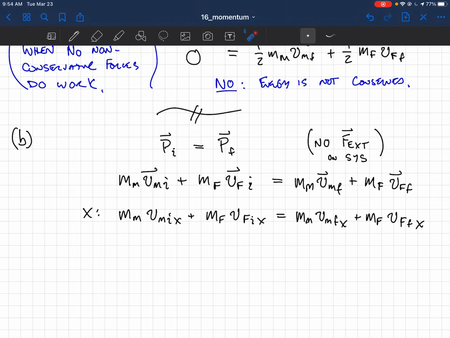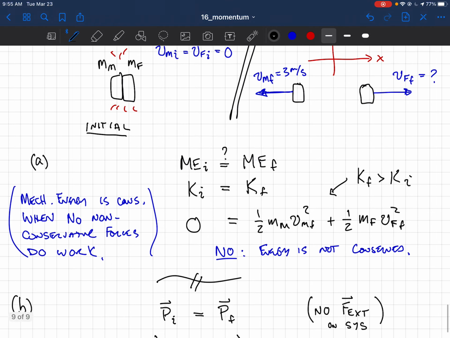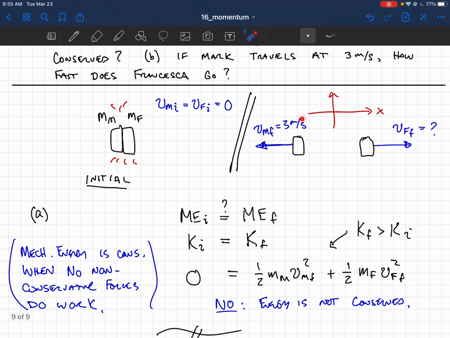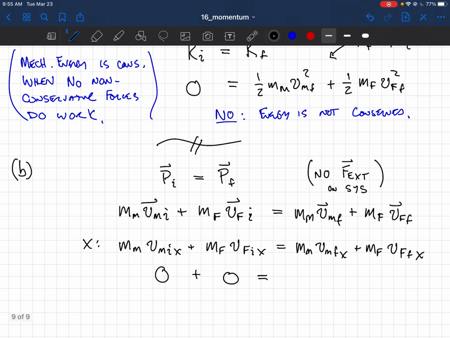And then we go through and we find each component. Well, in the initial case, we know that they were motionless, so both of these are 0. In the final case, well, let's go back and look at Mark's velocity vector. Mark's velocity vector points backwards in the negative x direction. So we're going to write that component. We have m Mark times minus v Mark final magnitude, because its x component is negative.